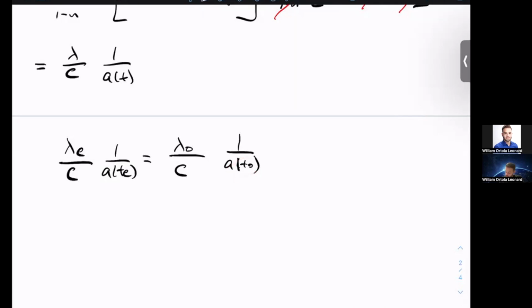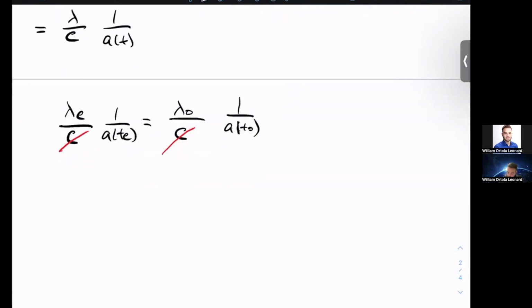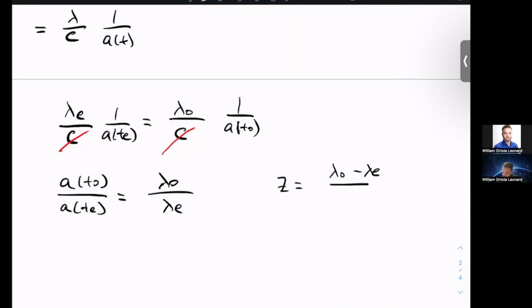Obviously the speed of light is going to cancel out, and then what we're going to get is lambda observed divided by lambda emitted, equal to the ratio of the scale factors. And if we now bring in the definition of the redshift, z is lambda observed minus lambda emitted divided by lambda emitted, which can be expressed as lambda observed over lambda emitted minus 1.